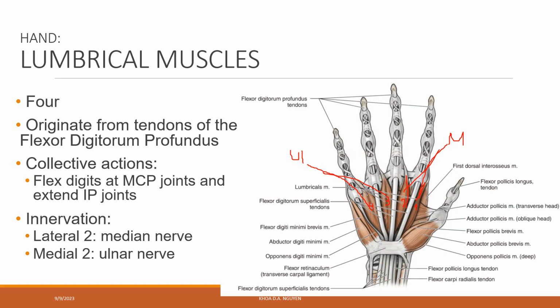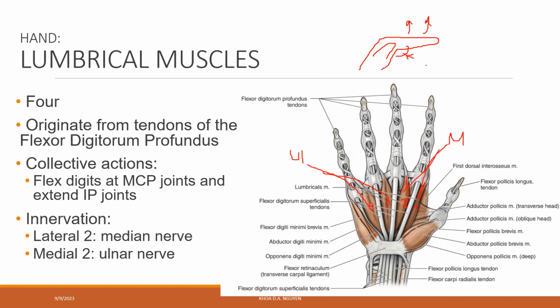The collective action of these muscles is flexing the digit at the metacarpophalangeal joints and extending the interphalangeal joints. So basically, they make the hand look kind of like this. They extend the interphalangeal joints like that, but they flex the metacarpophalangeal joint.